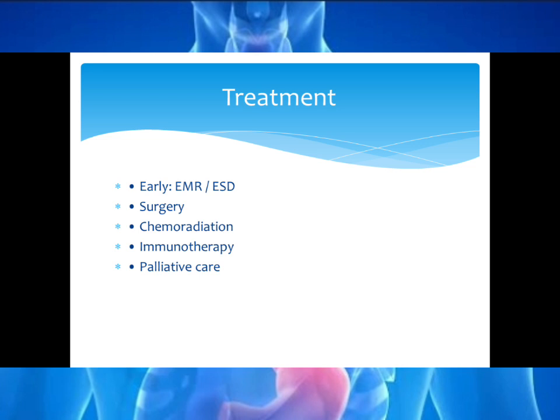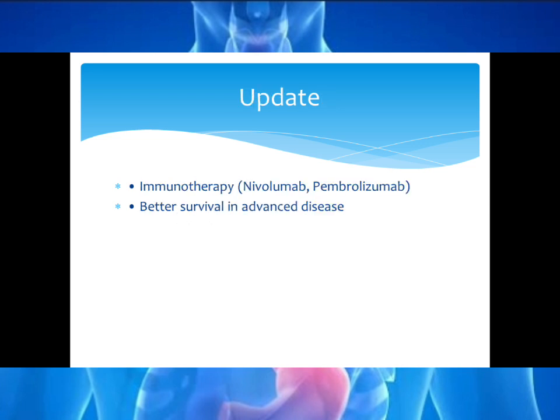Neoadjuvant chemotherapy or CRT followed by surgery is standard for many locally advanced tumors to downstage disease and improve outcomes, for example the CROSS regimen, and adjuvant therapy, immunotherapy. You can find the updates from the references below; there are some updates on treatment.